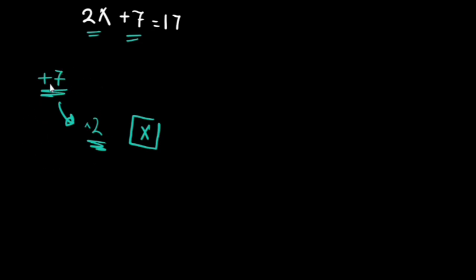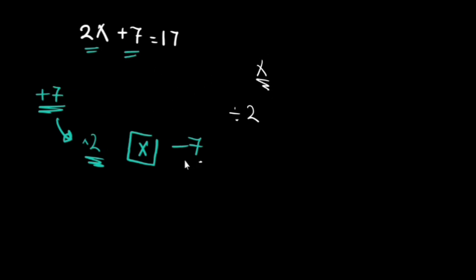The problem is plus 7, so I have to subtract 7 from the right side and the left side. And then the second problem, multiplied by 2, so we have to divide by 2 to find the value of x. That's it. So let's do it.